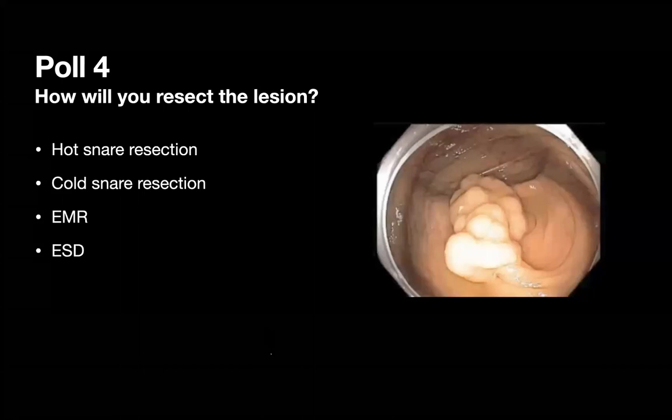The other question that I want to ask the panel is, if you go back to the history, this is a 55-year-old man who came for screening colonoscopy, and you found this lesion. First case of your day, and you have a full day of cases. What will you do?